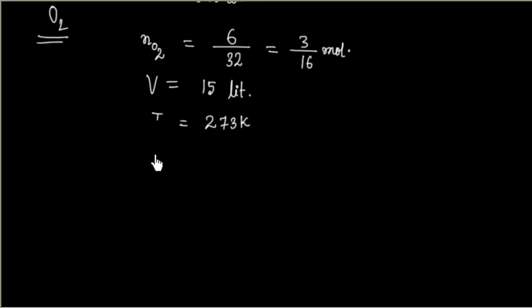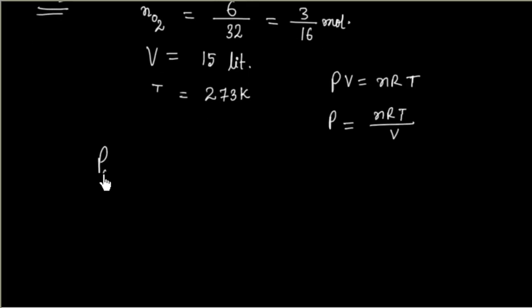Now I can apply PV is equals to nRT. So we will have from here P is equals to nRT divided by V. So let us say PO2 is equals to number of moles of oxygen into R into T divided by volume.